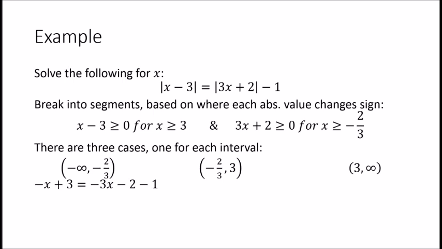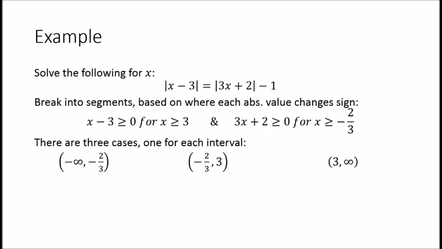Similarly, the second absolute value is also negative under this condition, and so we distribute a -1 across it so that we get -3x minus 2. From that point, it's just a matter of algebra to go ahead and solve the equation for its solution.